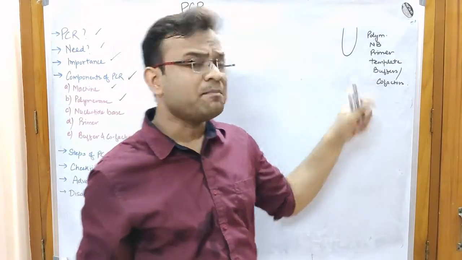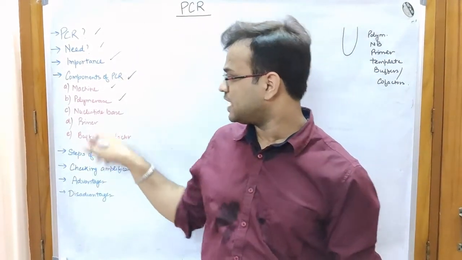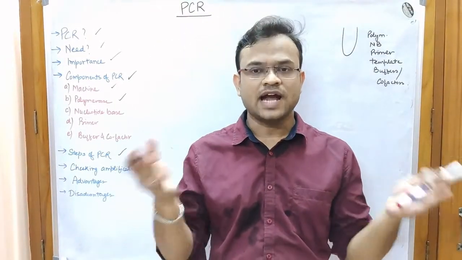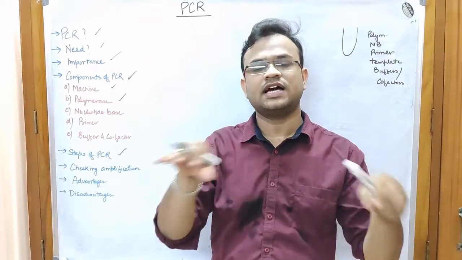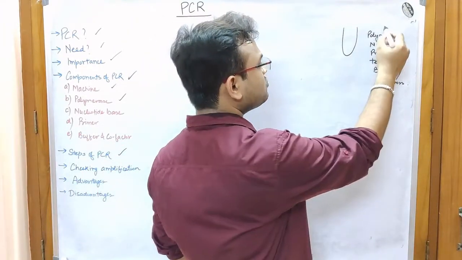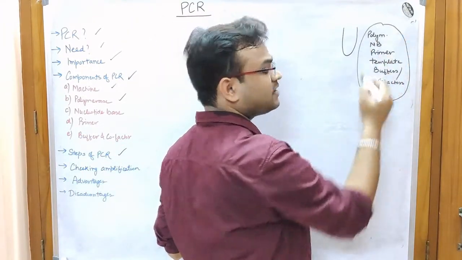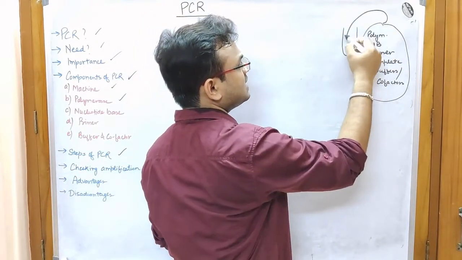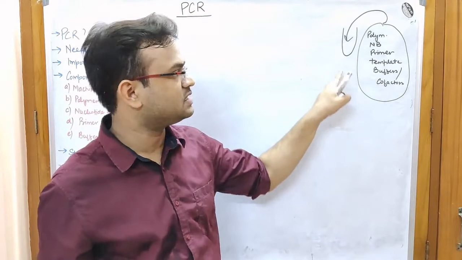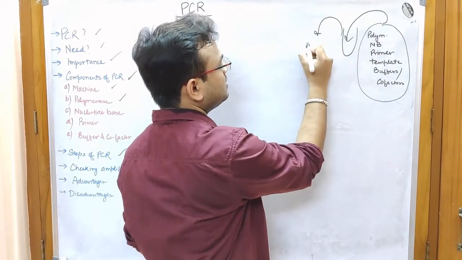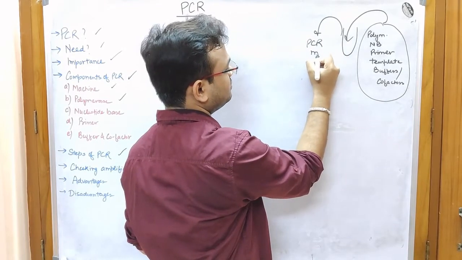Right? So template, again, I haven't told you about template. Template is the DNA that you want to amplify. So template is also present inside. Each of these molecules are put inside these PCR tubes, and this PCR tube is then put inside the PCR machine.